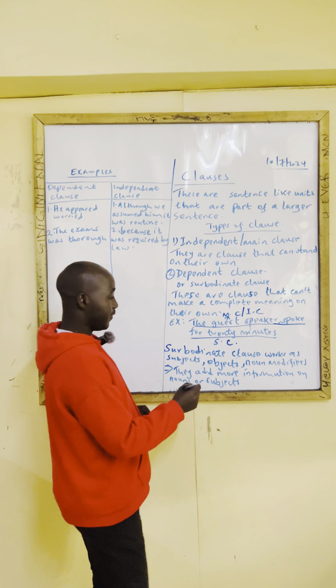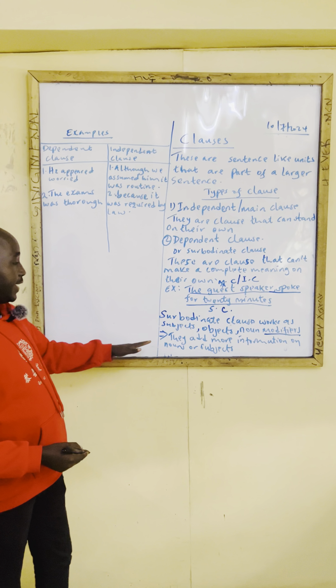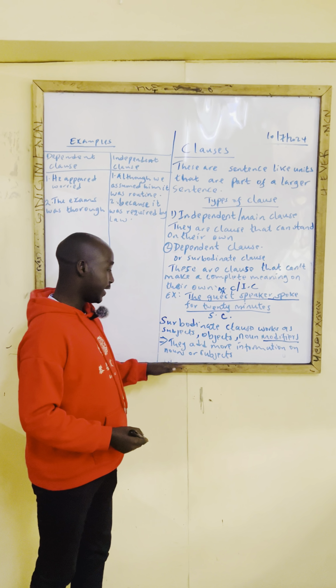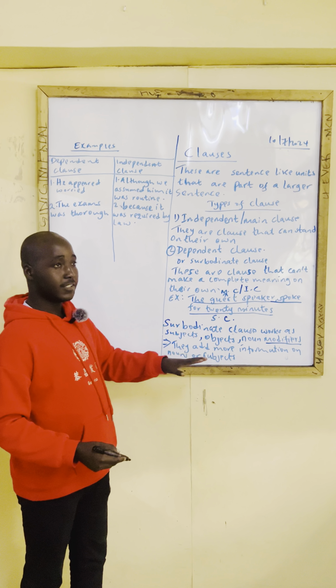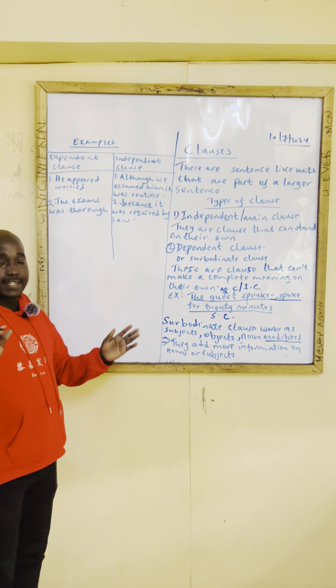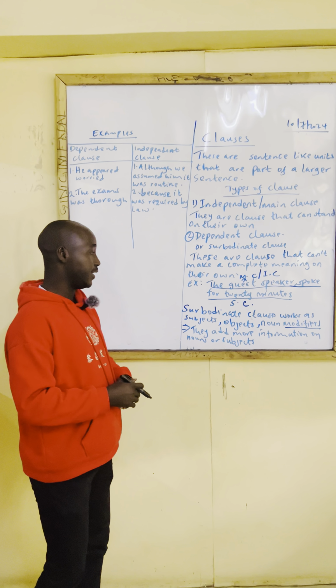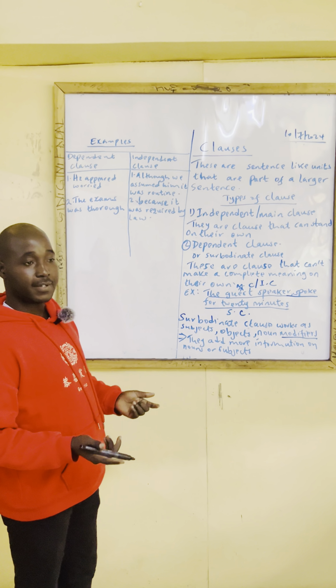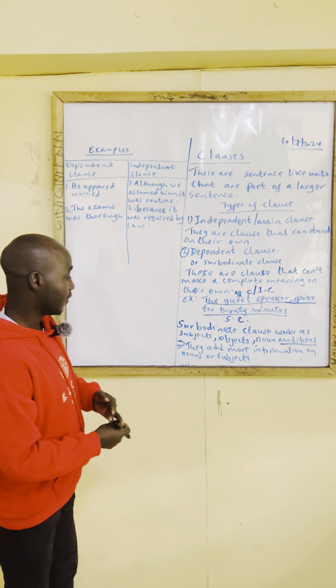What does the word modifier mean? Modifier means they add more information on the noun or subject, and the nouns or subjects are what the sentence is about. For example, when you say Muhammad came to school early today, the sentence is about Muhammad. So Muhammad becomes the subject and at the same time the noun.